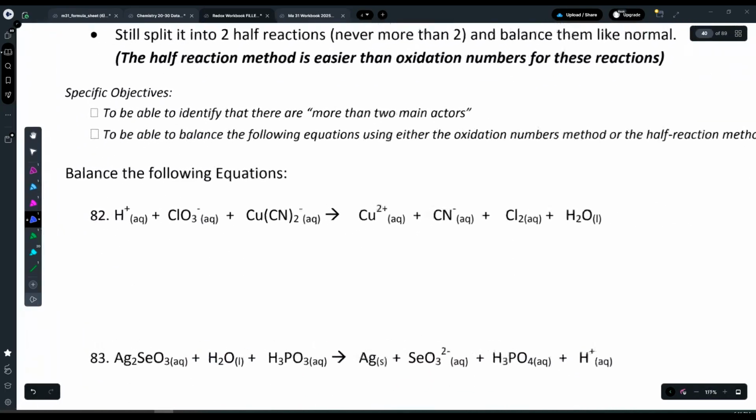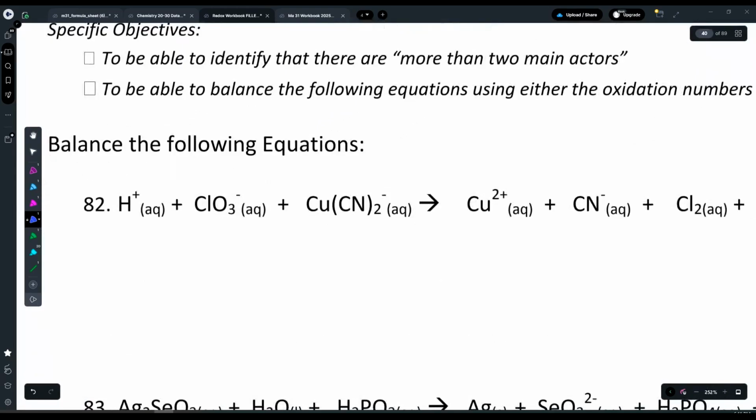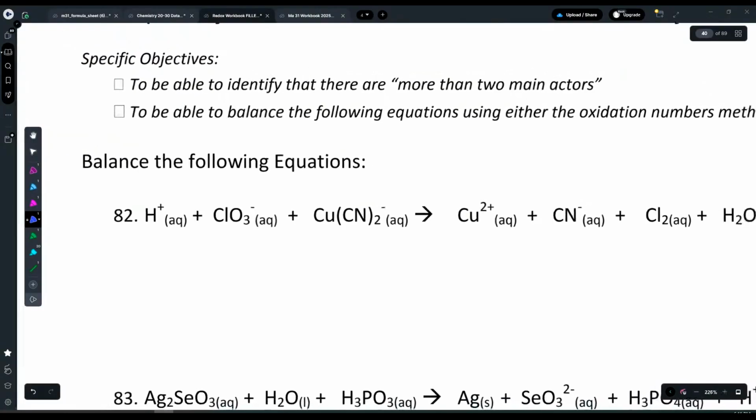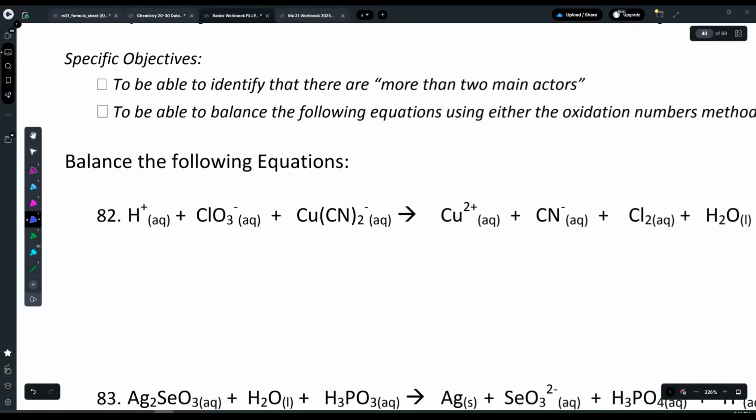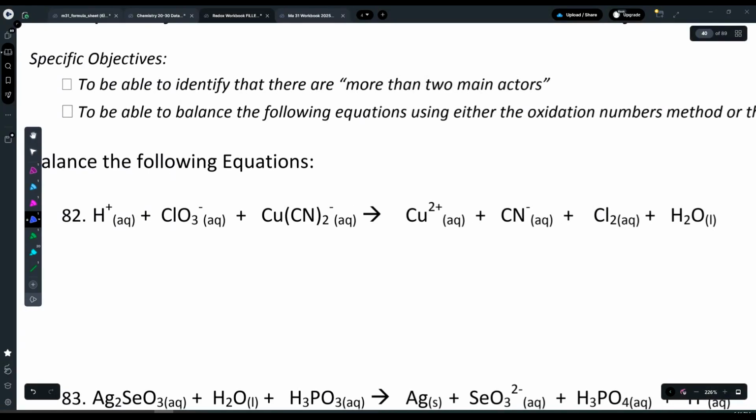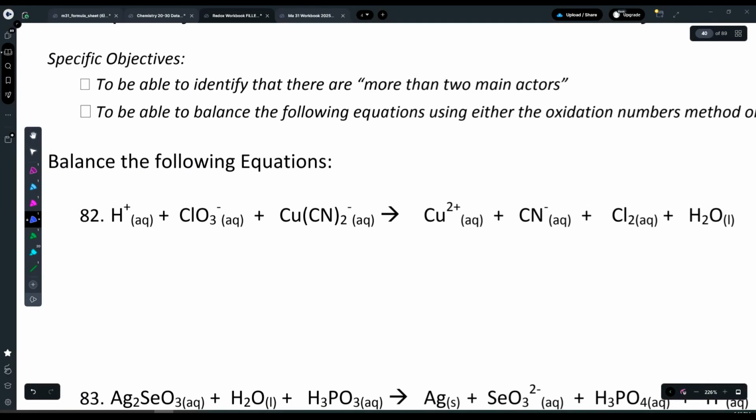So let's do an example together here. Once again, I'm ignoring hydrogen and water, and I'm just going to pick what looks similar on both sides of the equation. I'm going to start out with copper 1 cyanide. Then I'm going to pick what looks similar to that on the product side.